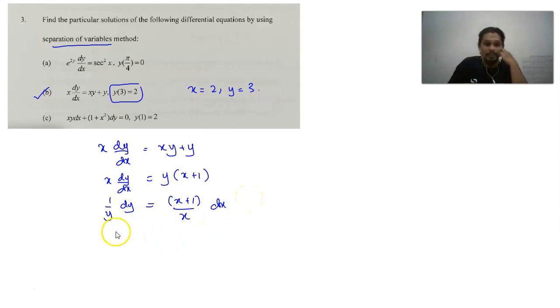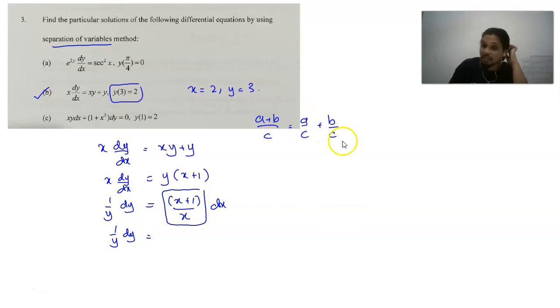For the whole of this, it's just like (a plus b) divided by c equal to a divided by c plus b divided by c.